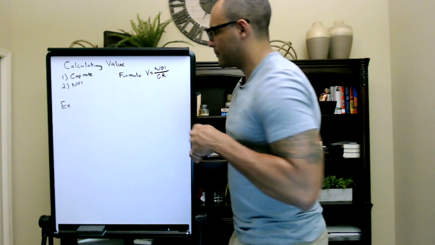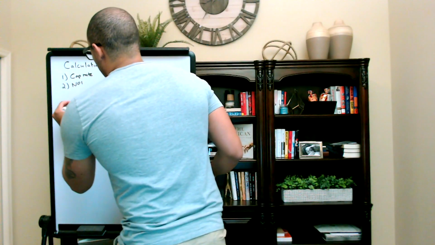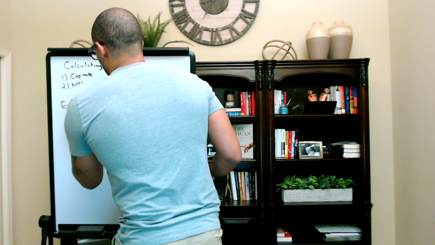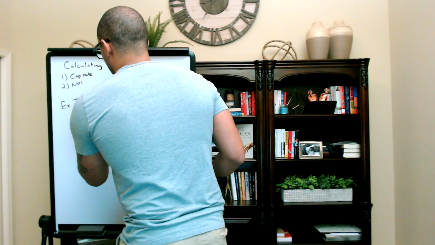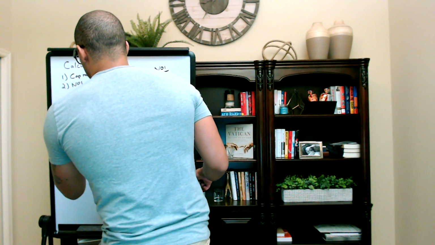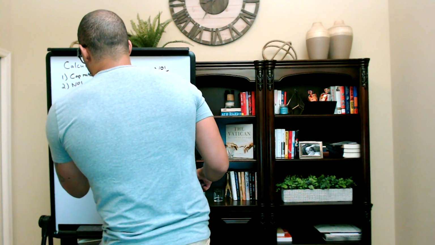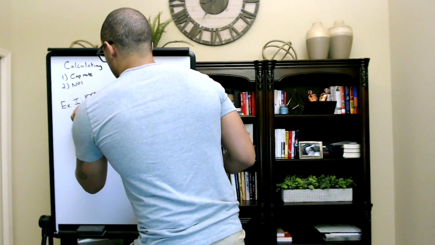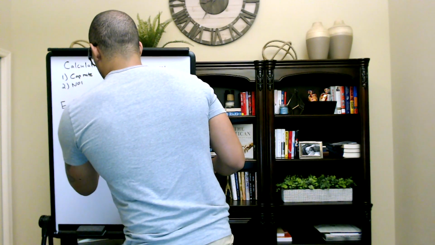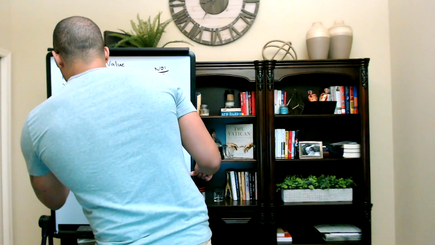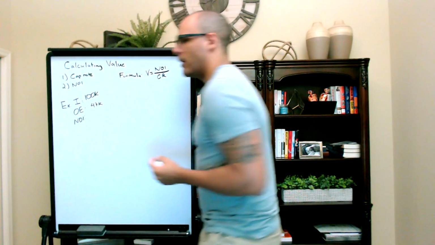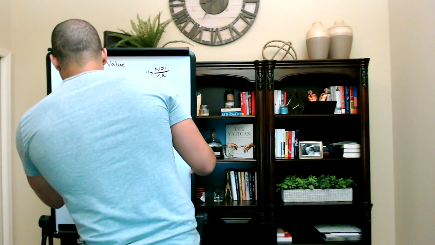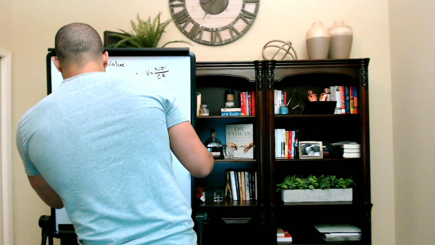Just for a quick example, if the income at the property is $100K and the operating expenses are $47K, the NOI is $100,000 minus $47K, which is $53K.